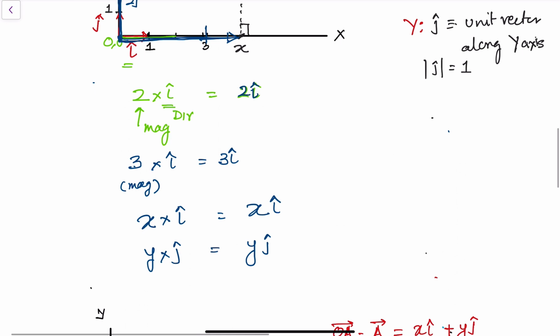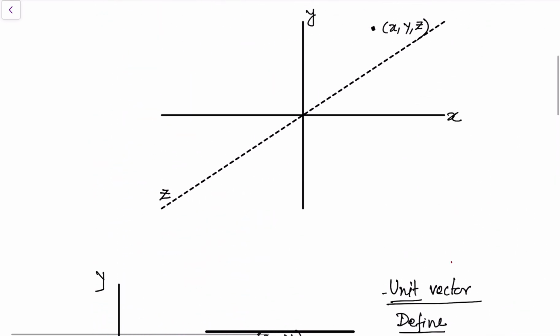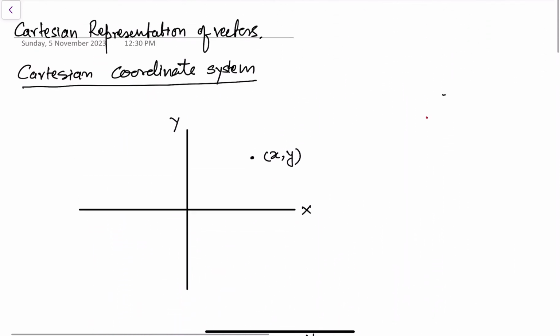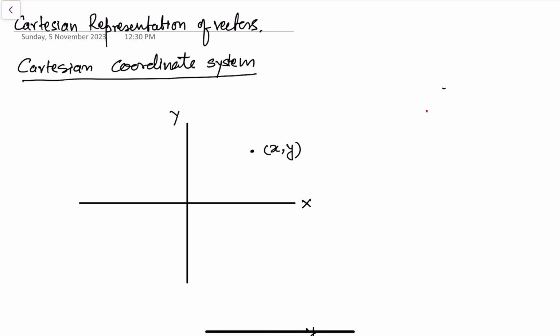So let us now revise the basic ideas that we have learnt. First, we have revised the Cartesian coordinate system in 2 dimensions. We are right now talking about 2D. So we have x-axis, we have y-axis, we can have a point which can be called A, and it has coordinates x and y.